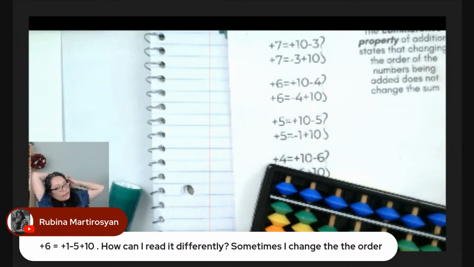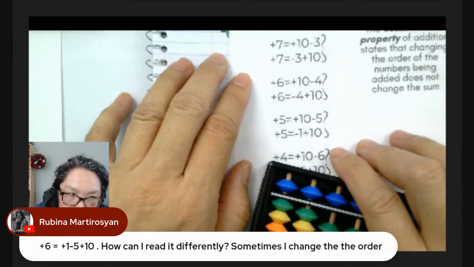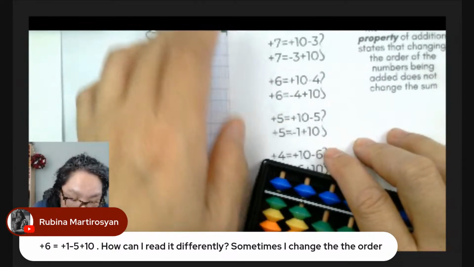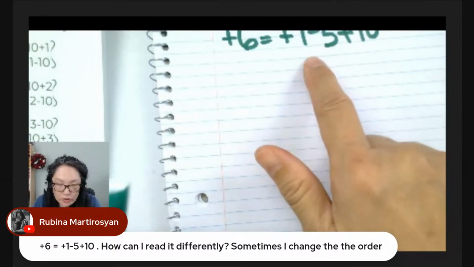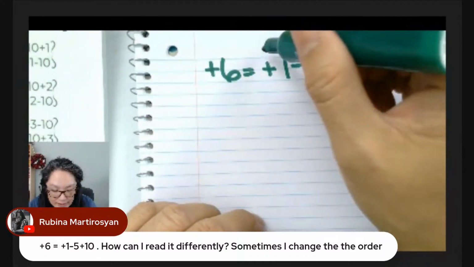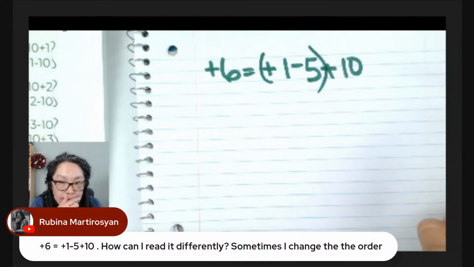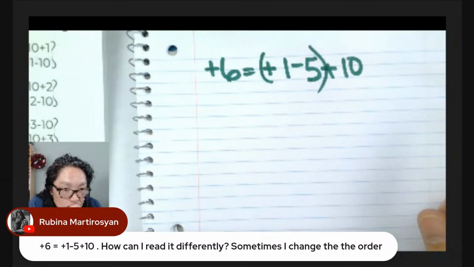Rabina says she gets confused. So how would I read it better? I would take it slower. You know what you could do is you could put it in brackets like this. I don't know if that would help, right?